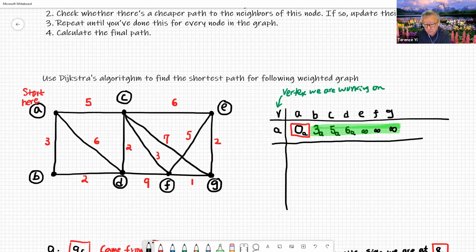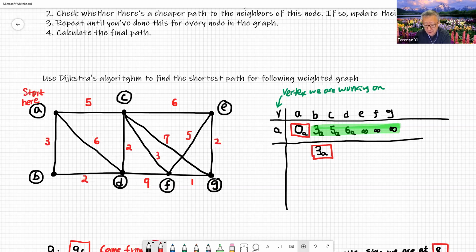When you look at the smallest, except this box here, box means it's already done, so we don't have to worry about that one. And the 3 is going to be the smallest. 3 is less than 5 and less than 6, obviously less than infinity, right? So we are going to bring that down, 3A down here. And then we're going to put the box, which means that this is going to be done.